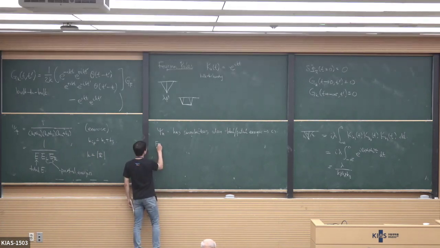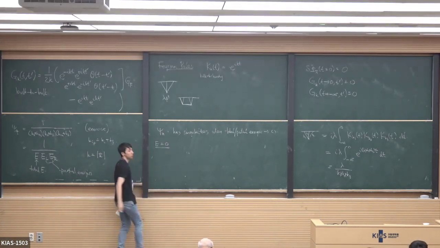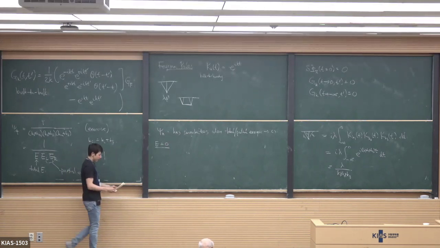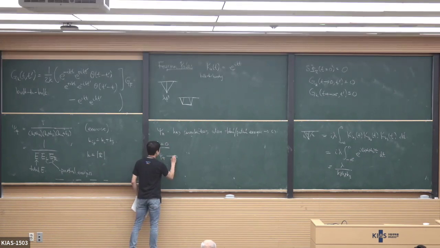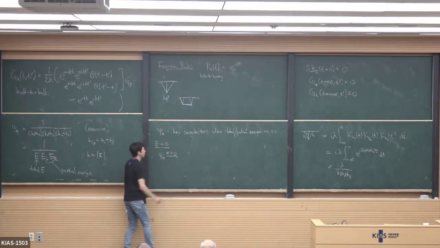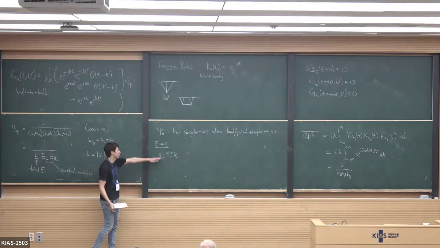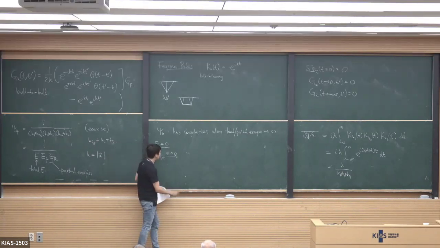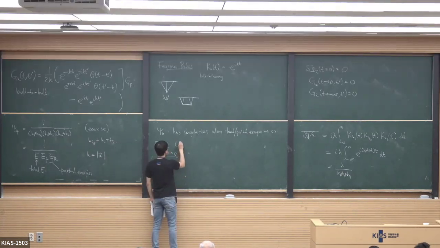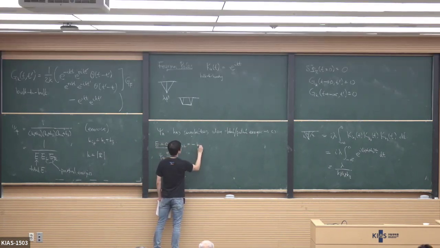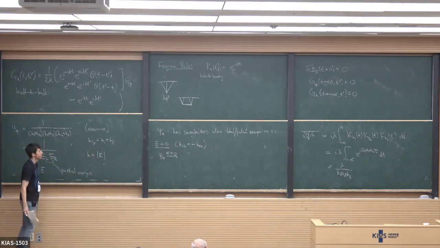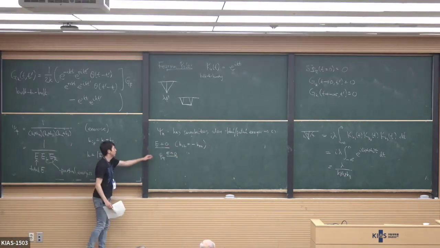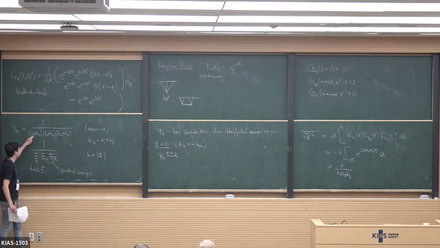So let's first do that for the total energy. When you take this residue, we'll go to E equal to 0. This limit is the limit where k12 is equal to minus k34, right? E was defined to be k12 plus k34.